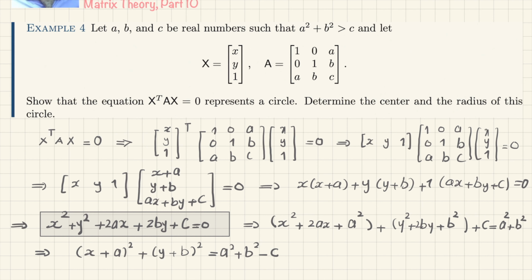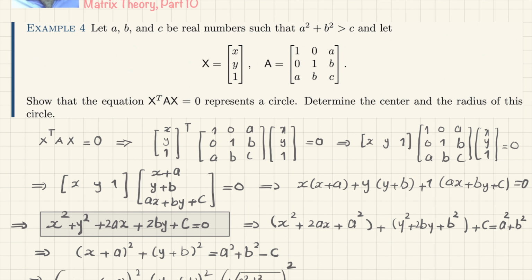Okay, and then hopefully you agree with me that I can write it in this form, reform it. I can write x plus a squared, because I want to write it as completely a standard form, plus y plus b to the power of 2, and do you agree that I can write square root of a squared plus b squared minus c to power 2?